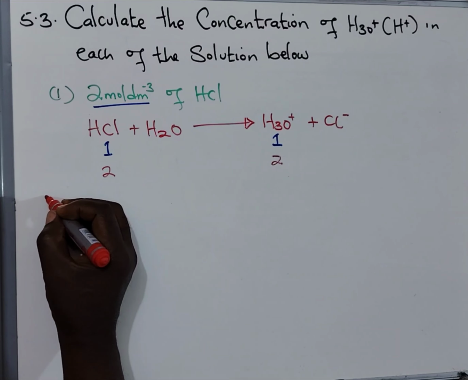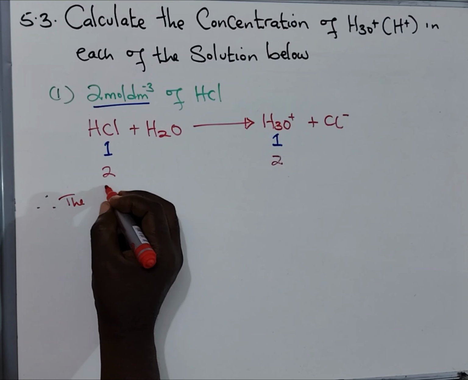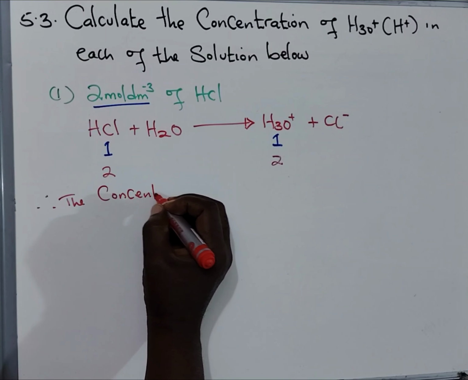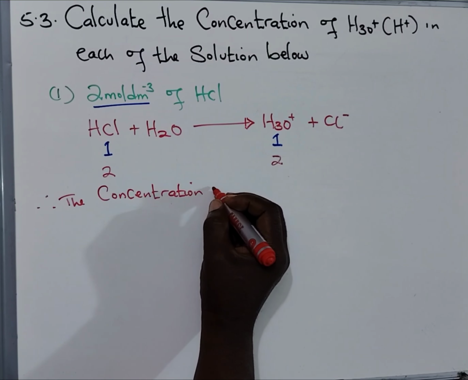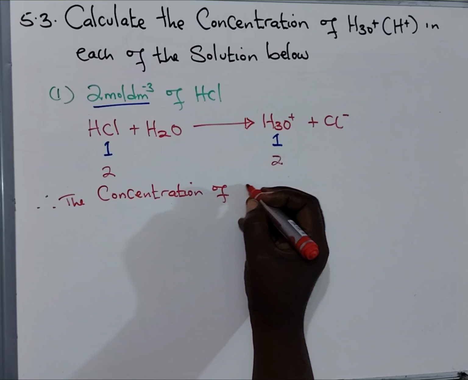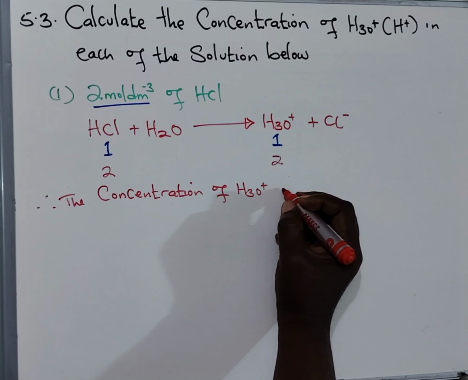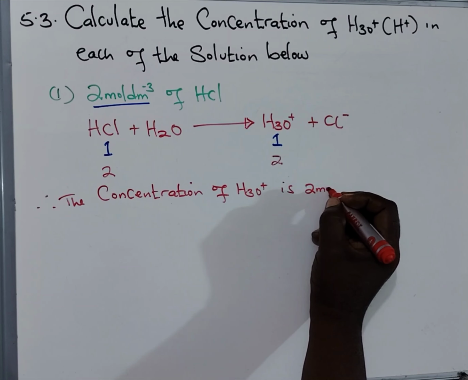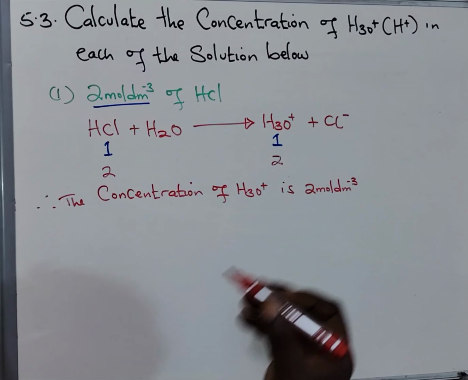So therefore, the concentration of hydronium ion is 2 moles per cubic decimeter.